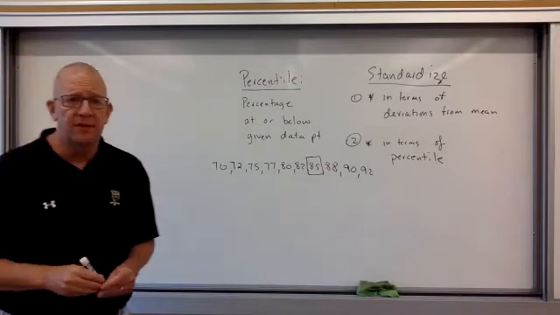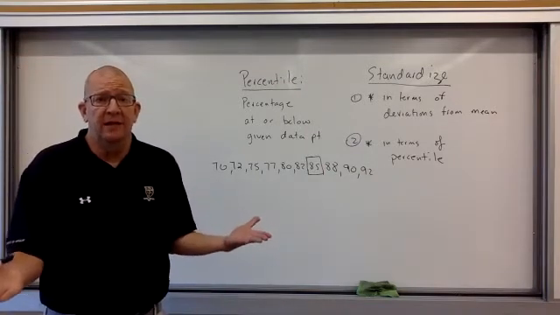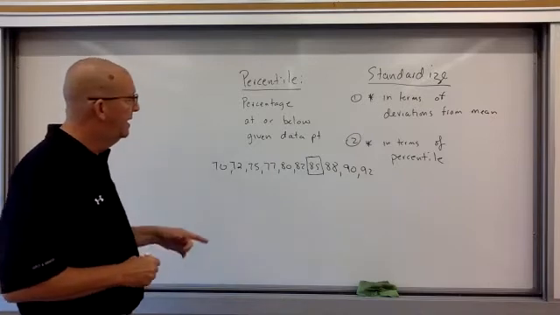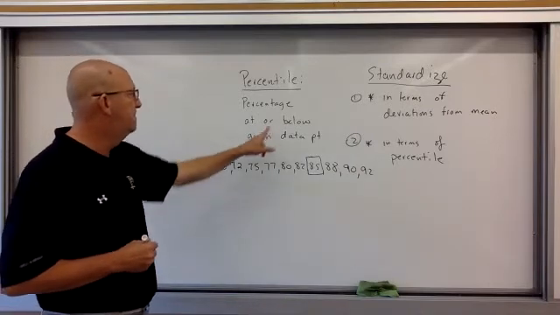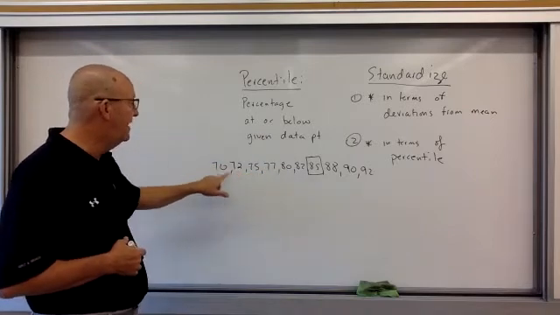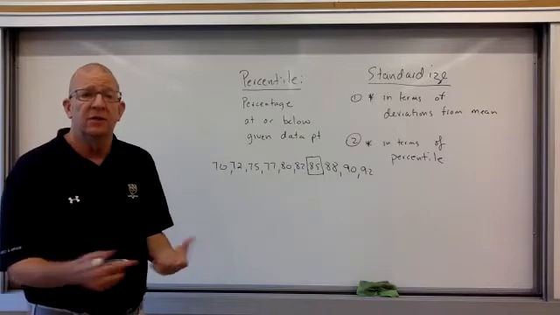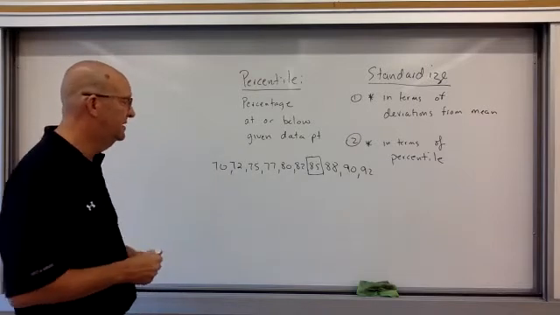Now think about that. I'm showing you this with an example because this is basically how you learn statistics. If you use the definition below the given data point, 85 would be the 1, 2, 3, 4, 5, 6. There's 6 out of 10 below this, right? So it could be the 60th percentile.